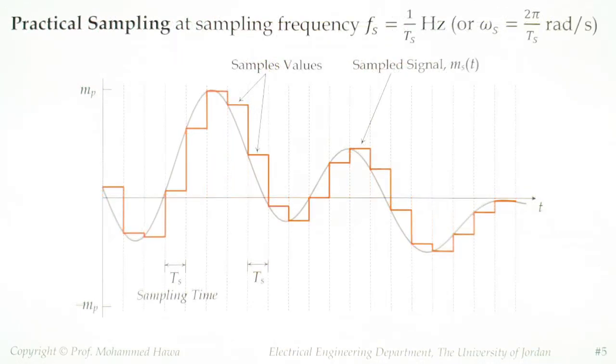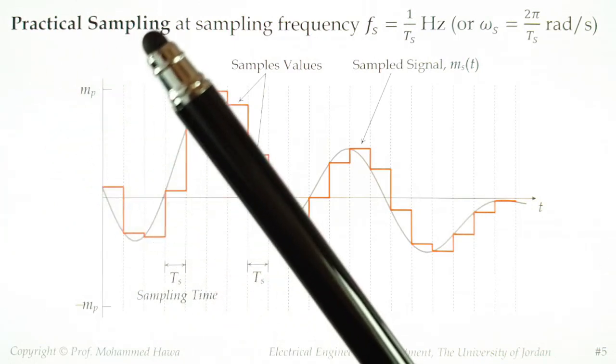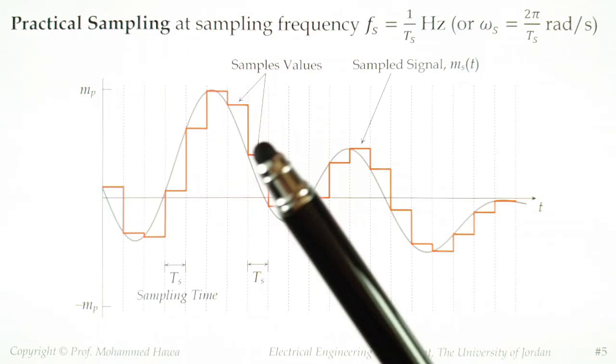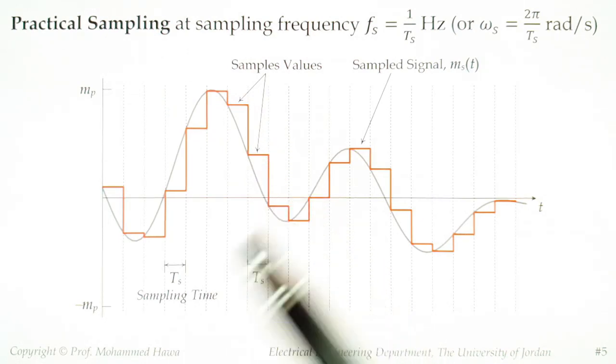However, you should know that in real life, we use what we call practical sampling, where we create pulses or rectangular shapes to represent each sample value instead of impulses. There is of course a difference between ideal sampling and practical sampling, but this video is all about ideal sampling because the concepts and ideas that we get from ideal sampling also apply with very little modifications to practical sampling.